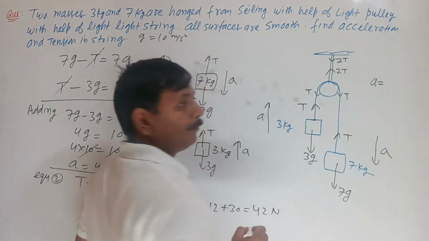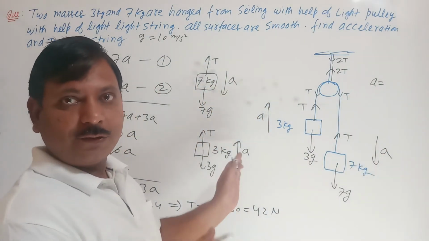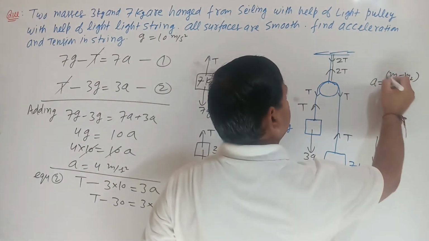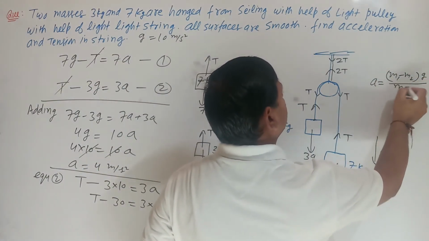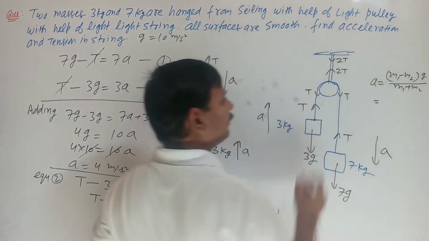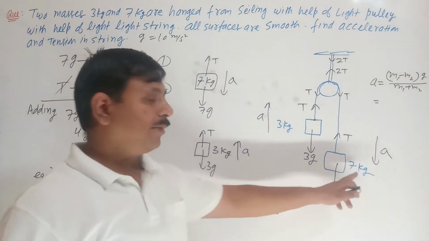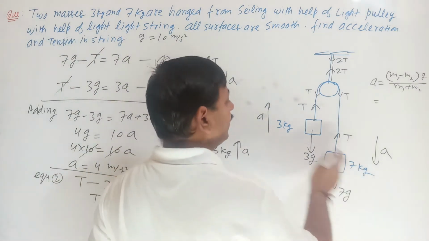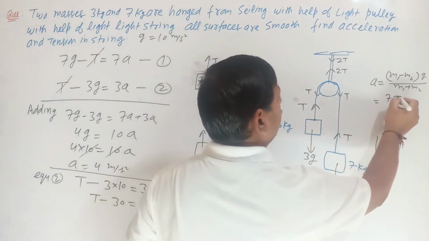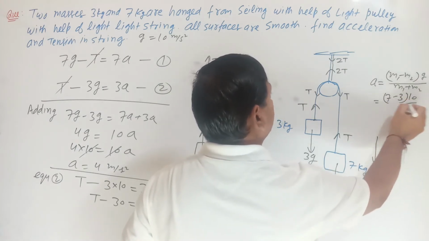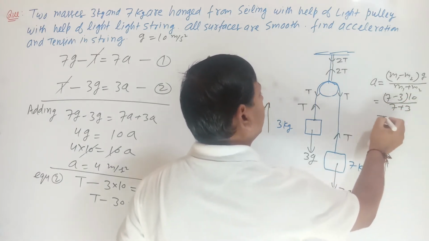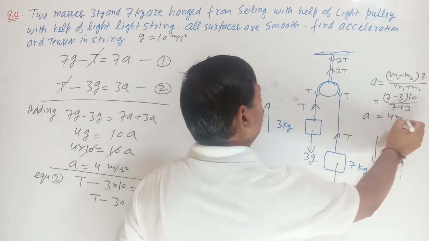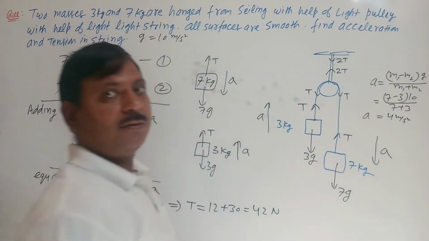I have told you in the previous question, (m1 minus m2)g upon m1 plus m2. m1 is the greater mass, so m1 minus m2 means 7 minus 3. 7 minus 3 into g, that is 10, upon 7 plus 3. So 10 cancels, and a is equal to 4 meter per second square.